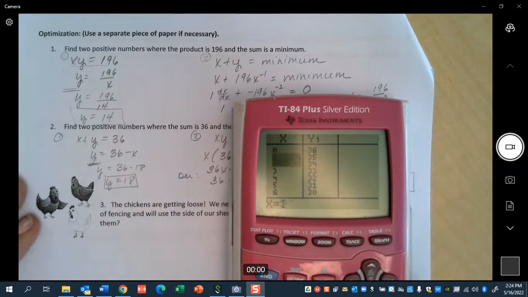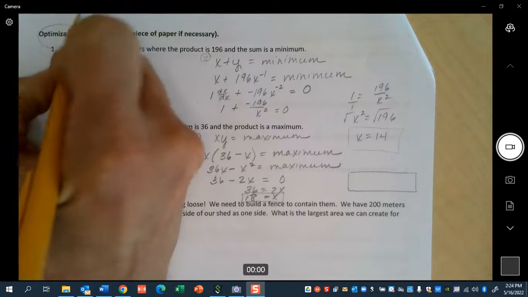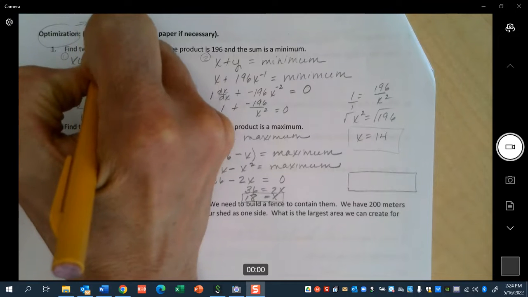See how each time I get higher and higher and higher, my product gets bigger. I'm maximizing my product. Optimization is where you're either solving for your min or your max.